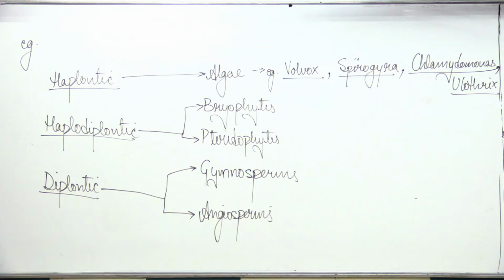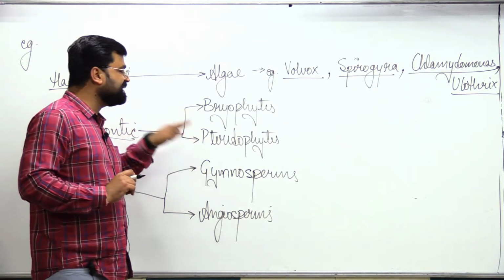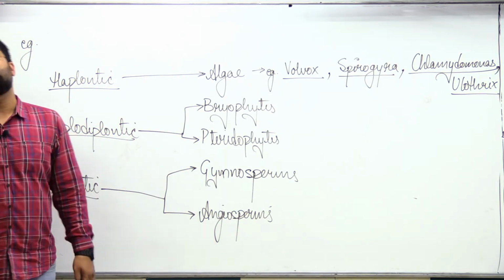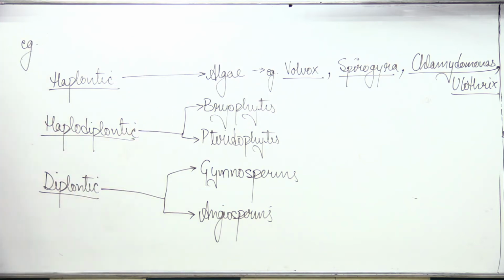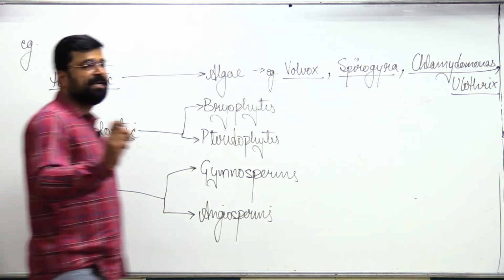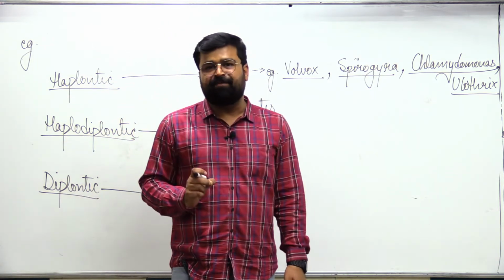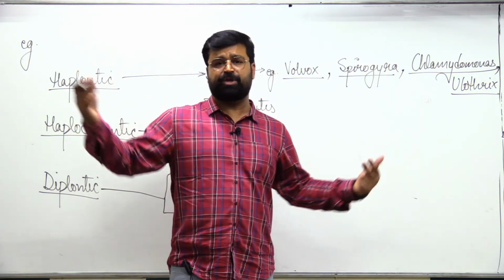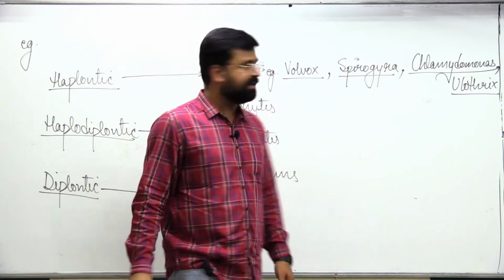Okay, moving on to haplodiplontic type of life cycle. So two we have already written, bryophytes and pteridophytes. Yes, other than that some exceptional algae will show haplodiplontic type of life cycle, and these are Ectocarpus, Polysiphonia and Kelps, the huge, very long brown algae.